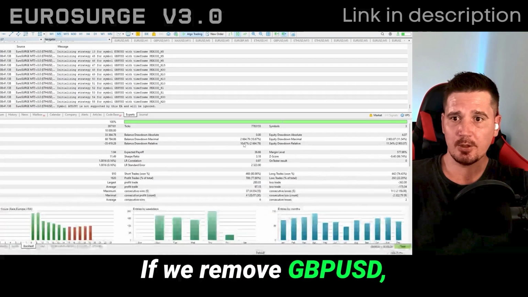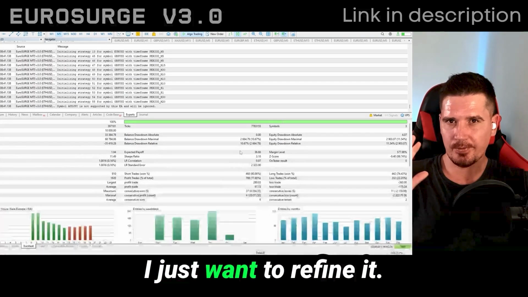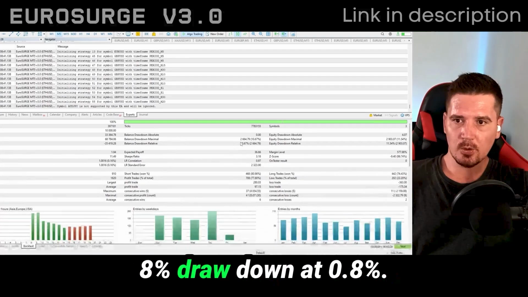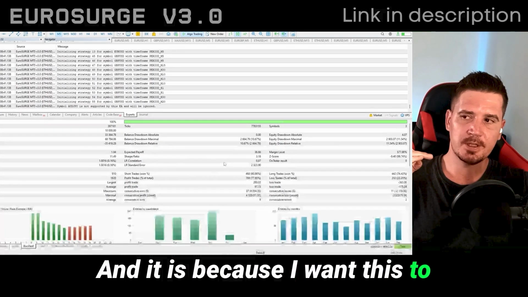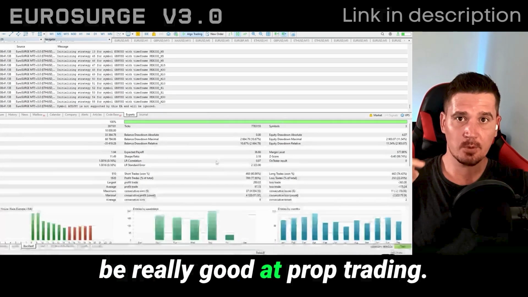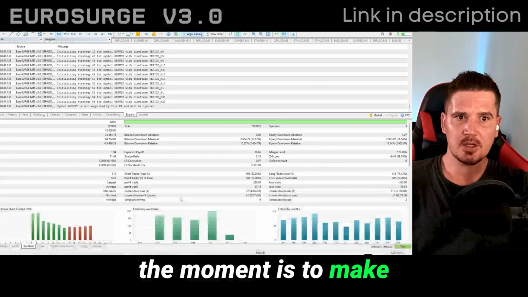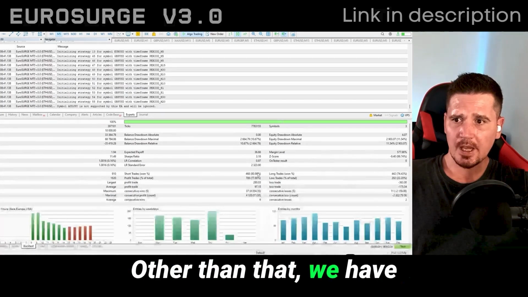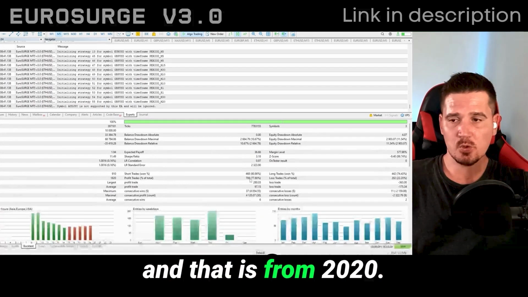If we remove GBPUSD, it will be even less, but I don't want to remove it. I just want to refine it. After cleaning it up, this should be approximately 8% drawdown at 0.8%. It is because I want this to be really good at prop trading. That is my main focus at the moment. Other than that, total trades won is 77%, and that is from 2020.